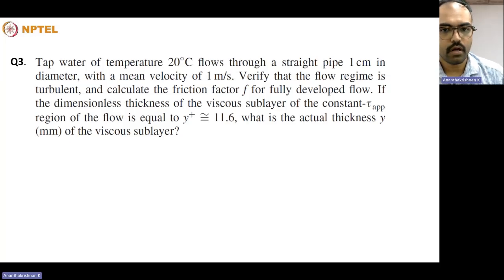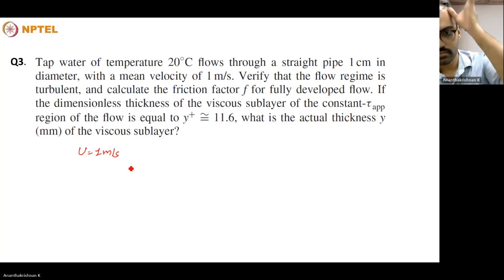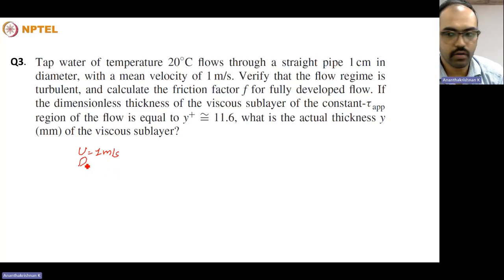In this problem, we need to calculate the actual thickness y of the viscous sublayer. Here, the given information are U is equal to 1 meter per second, then D is equal to 1 centimeter.